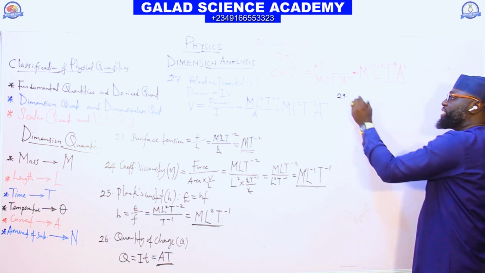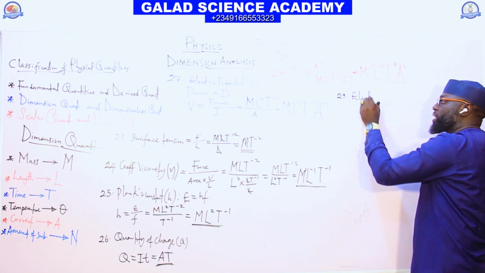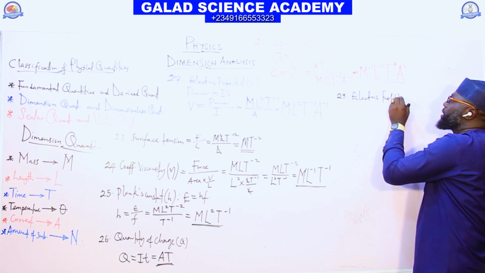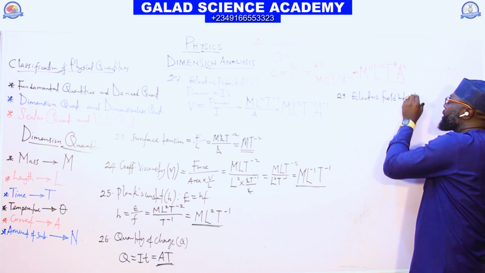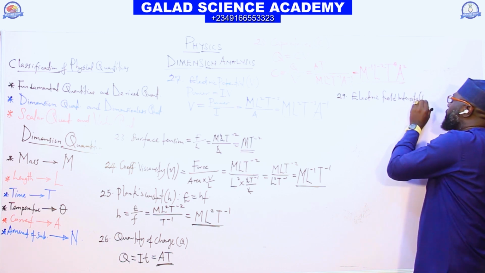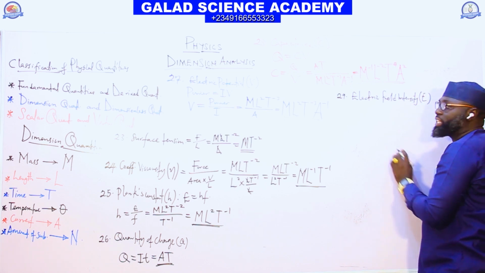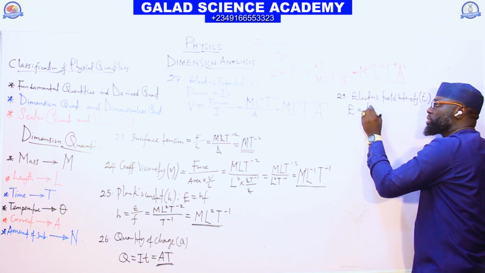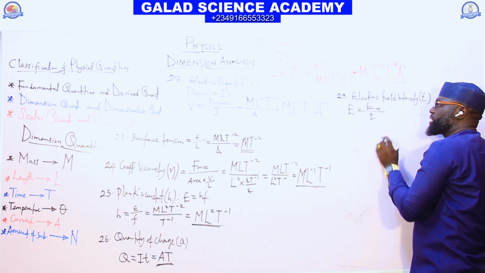Number 29: dimension for electric field intensity, which is E. Field intensity is force per unit charge.